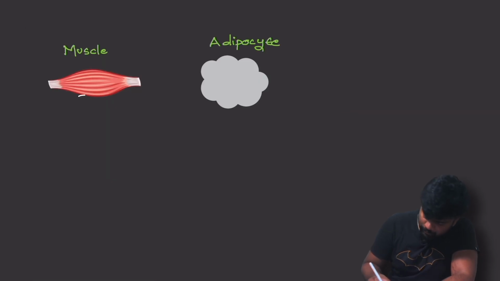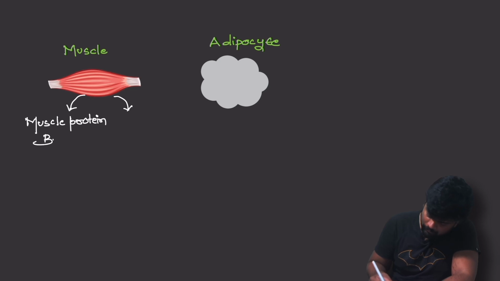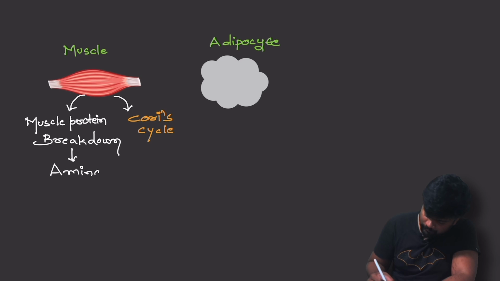In muscle, two things will be happening. One is called muscle protein breakdown. Two is Cori's cycle. Muscle protein breakdown will lead to formation of amino acids.